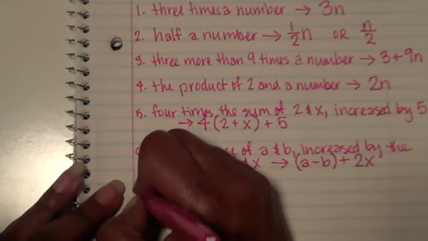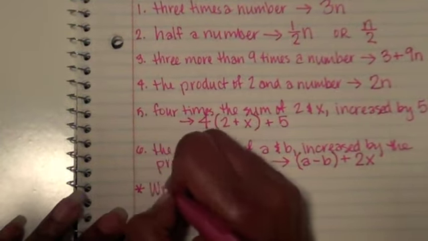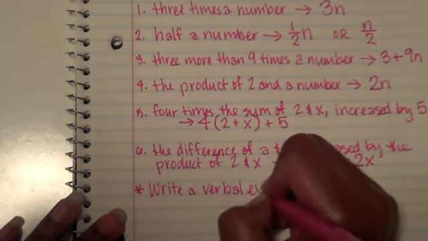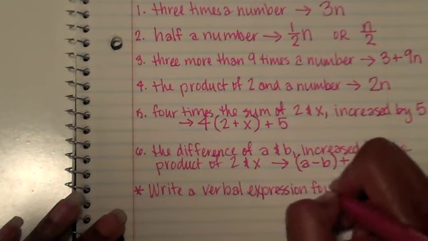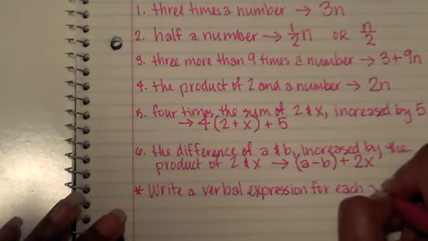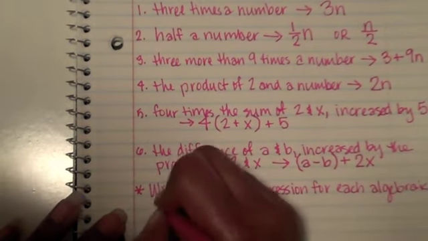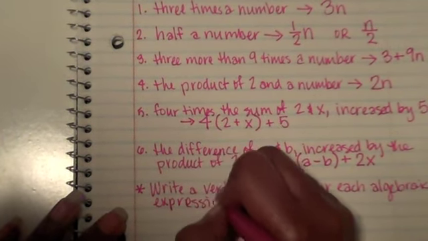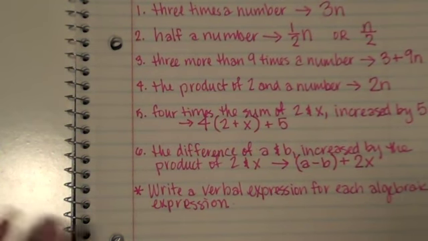For your next couple of examples, we're going to reverse those directions. So what we're going to do is write a verbal expression for each algebraic expression. So for these last two examples, I'm going to give you two algebraic expressions, and I want you to come up with the verbal expressions.